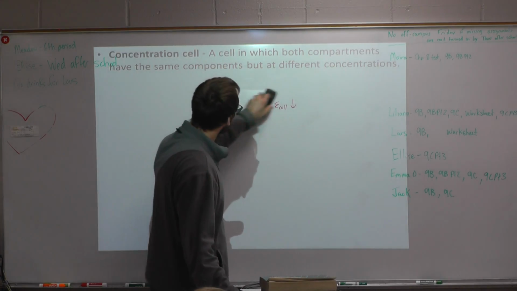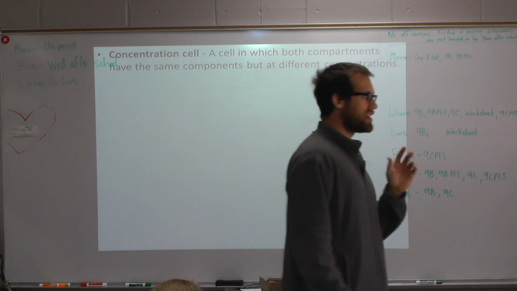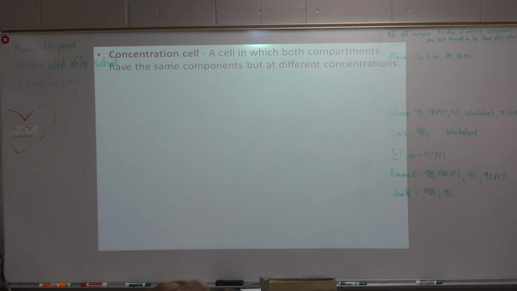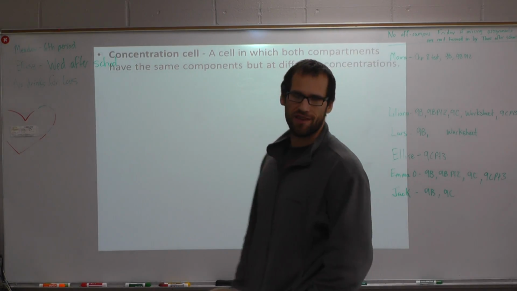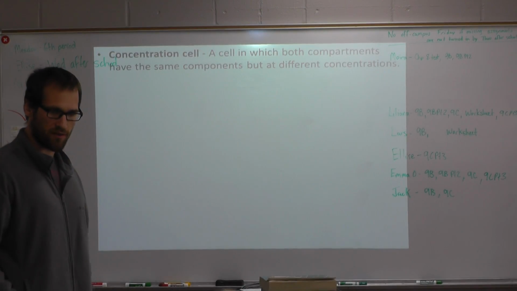Concentration cell. Okay? What's unique then is if you can change your cell potential by changing the concentration, they can actually make galvanic cells where they have the exact same ions in both compartments.